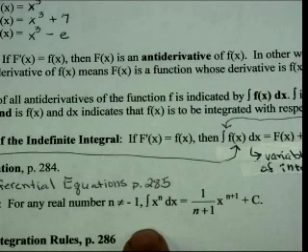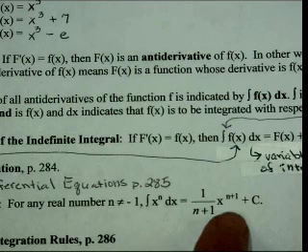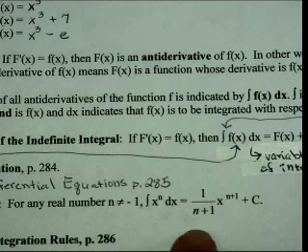We have to undo that. Instead of multiplying the exponent times the coefficient and then subtracting 1, we have to add 1 to the exponent and divide by that exponent. Let's see if that'll work in Warren's example.